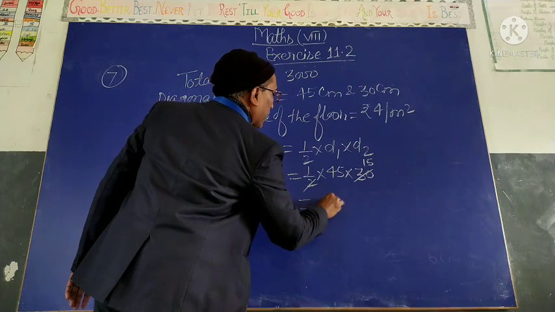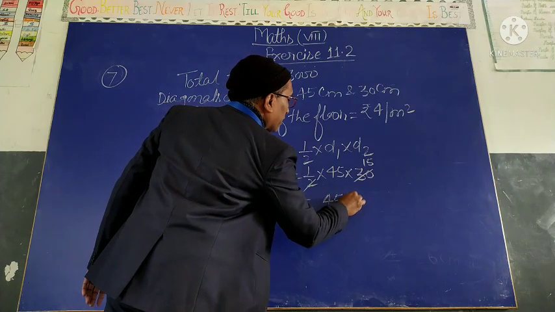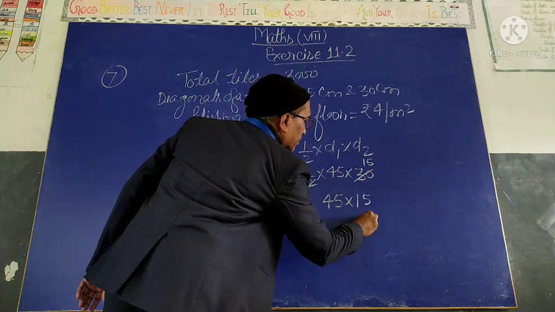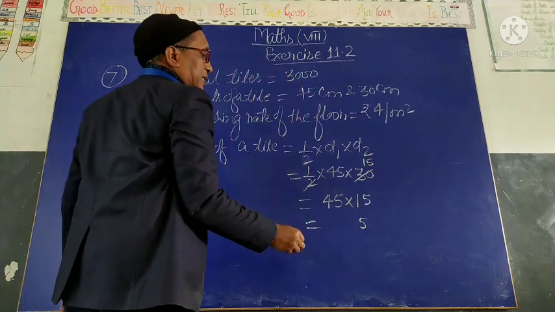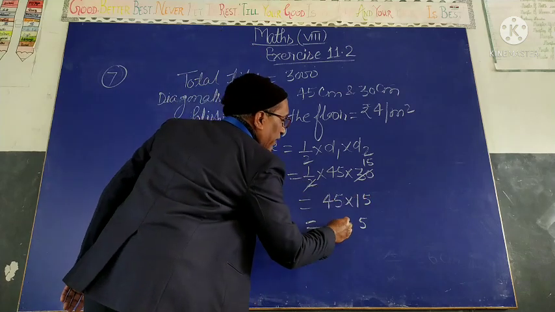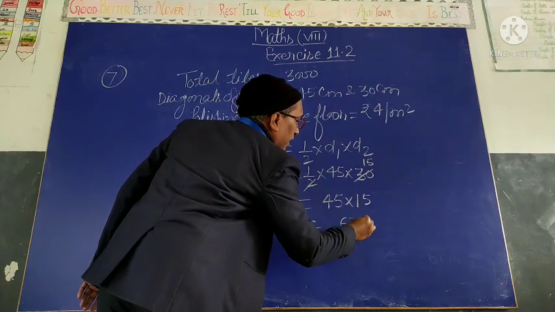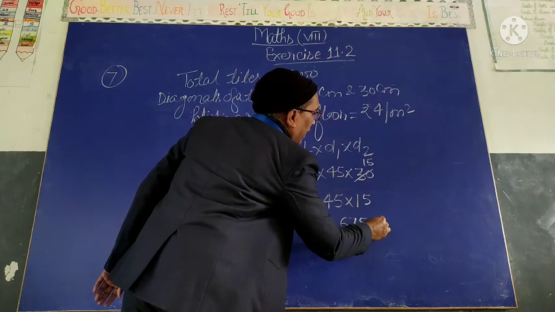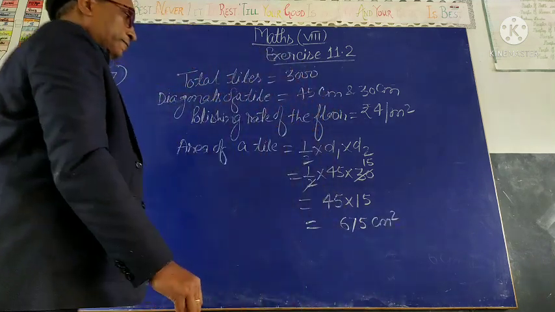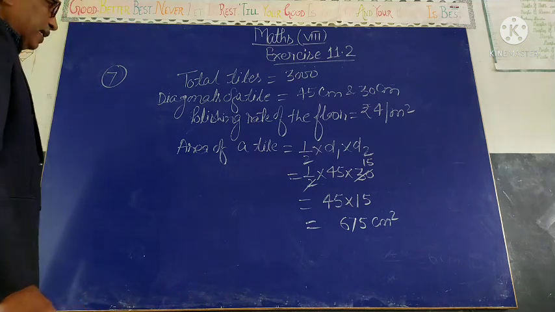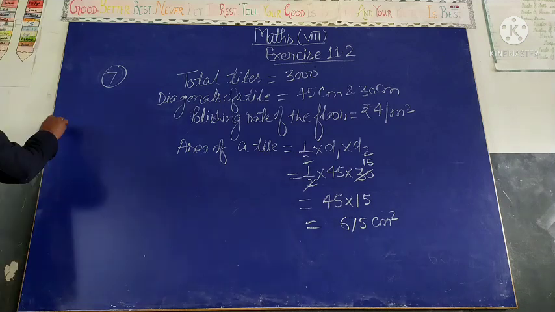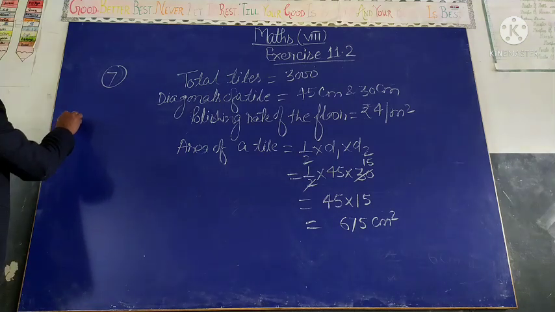And you multiply 45 by 15, you get 15 5s are 75, 7 is carry, 15 4s are 60 and 7 67, 675 centimeter square. Clear? Then you find out polishing area of the floor.